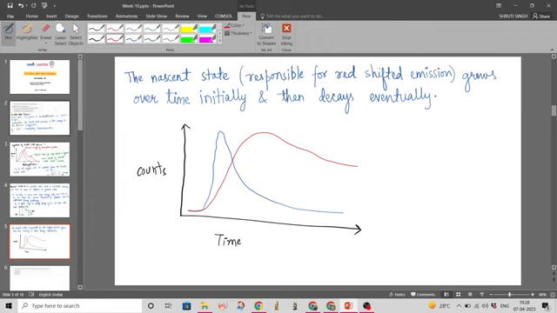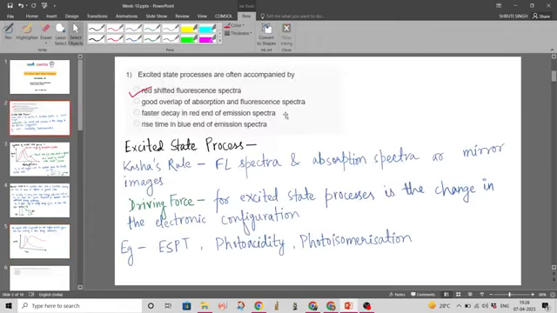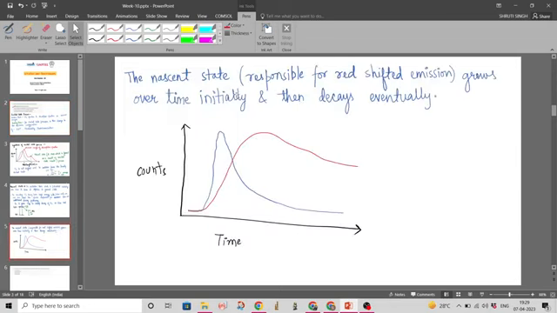Okay, so the question was asking that we are getting rise time in the blue end of the spectra. We are not getting rise time in the blue end. The rise time is there in the red end.